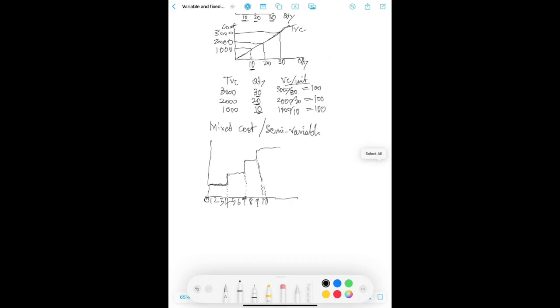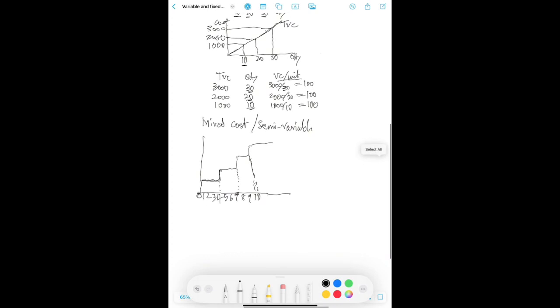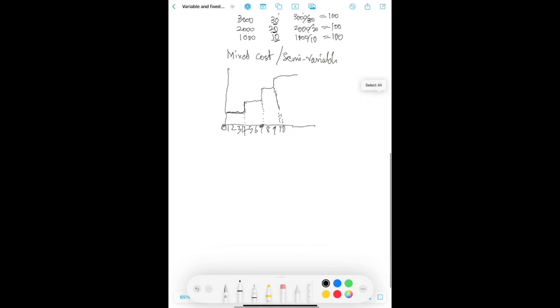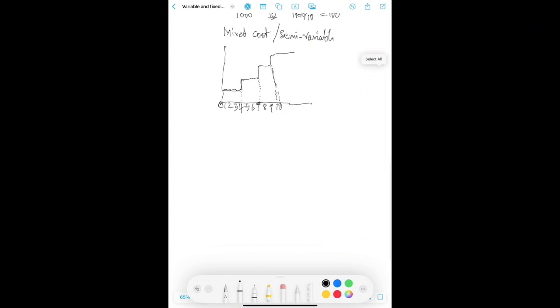So that takes us into how do you separate a cost into variable and fixed. We have various methods. We have the account analysis method, or also called account classification method. So that takes us to what we call cost estimation.